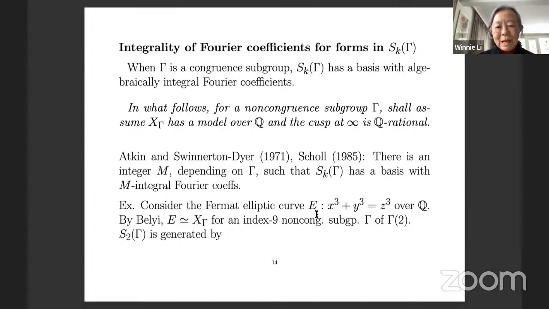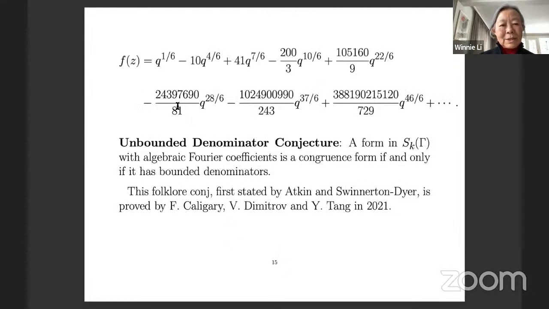This elliptic curve has genus 1, so the space of weight 2 cusp forms is one-dimensional, and we can explicitly compute a generator alpha of z. As shown here, it is integral except at 3, and you also see that the powers of 3 in the denominator go up very quickly. So it has unbounded denominator.